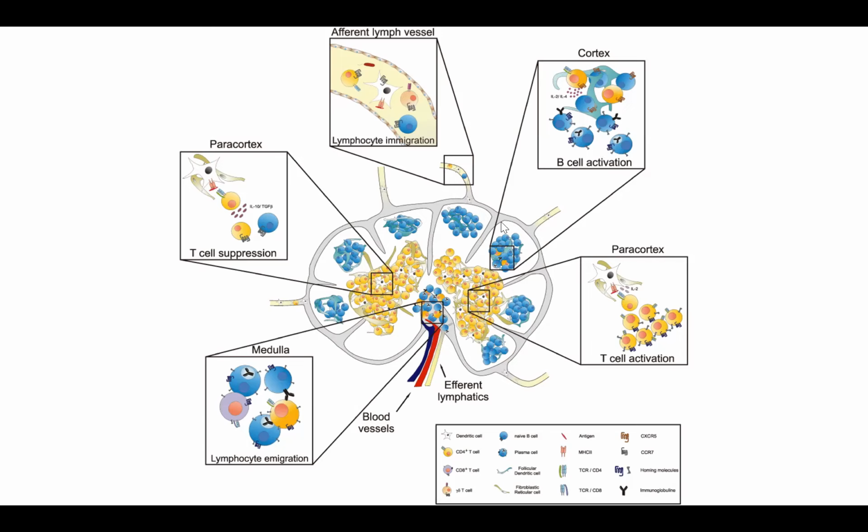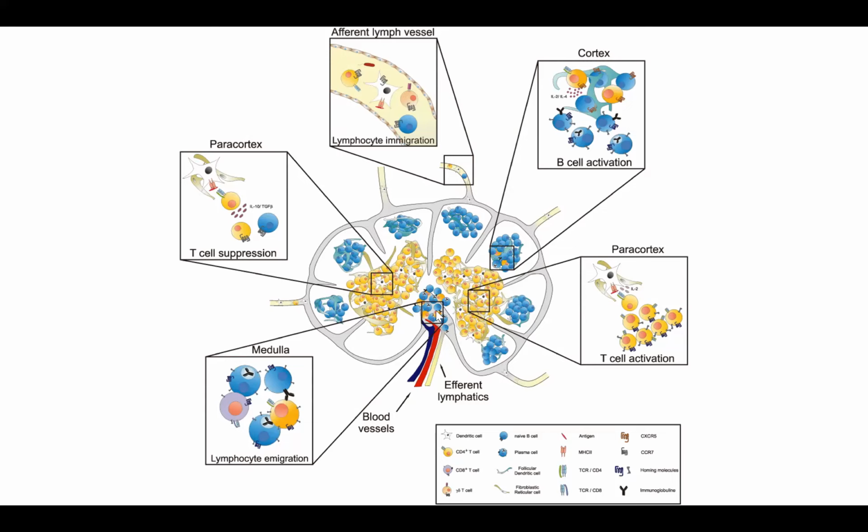Okay. And there are what is called follicles, primary and secondary follicles in germinal nodes. All right. Now, in the paracortex, it's primarily the T cell activation. All right, so you have B cell activation in the cortex of the lymph node, and you have T cell activation in the paracortex. Now you have the medulla of the lymph node, right?